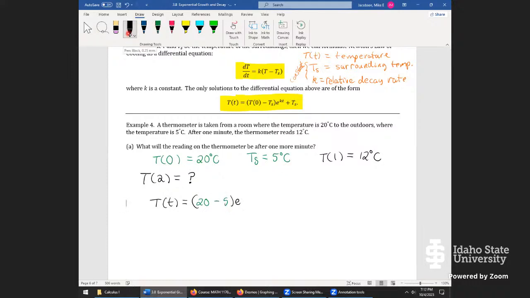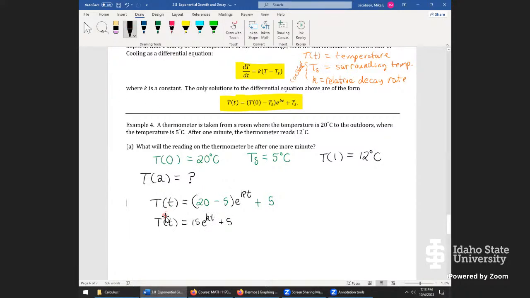Is equal to e to the power of, we can't do anything with k. T is the independent variable, so it has to stay as a t. Then we go and add the surrounding temperature to the right-hand side. So plus 5 degrees would go right here. So that's our temperature function. It'll clean up a little bit. We could call this temperature at time t is 15 e to the power kt plus 5.